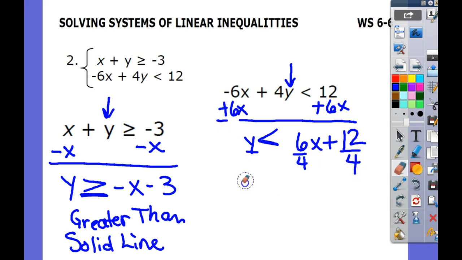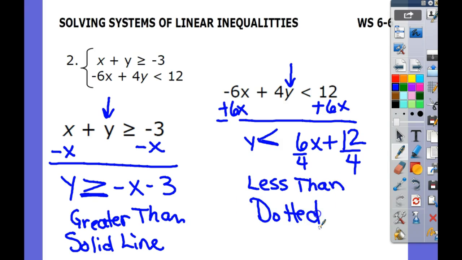The calculator doesn't care whether you actually divide by 4 or you put that in the calculator like that. You can put it in the calculator ugly or you can make it look prettier. It's up to you. This points to the left, so that's going to be a less than sign. And when I graph it, it's going to be a dotted line on the graph. See if you can get it on the graph correctly, please.